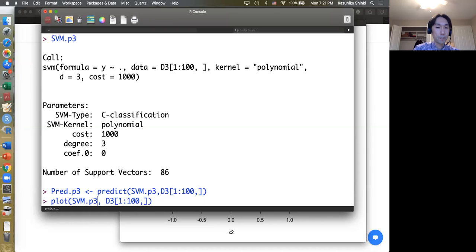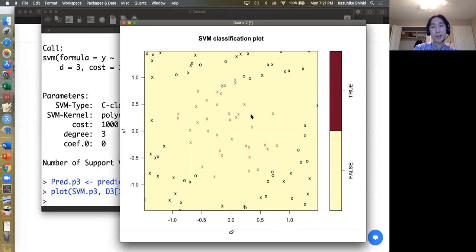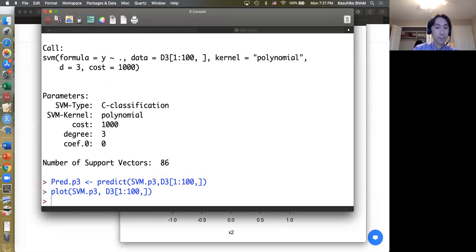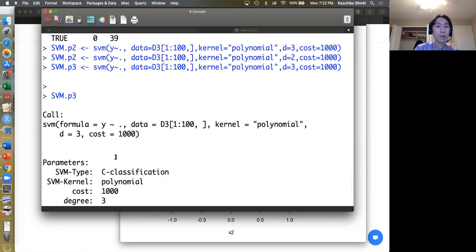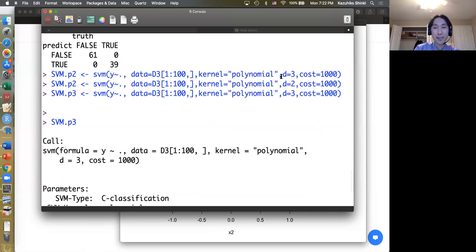SVM P3. And actually, this is the same as the linear classifier. So actually, it does not work at all. We cannot detect this area. So maybe we can skip the table. The support vector machine sometimes does not work depending on this D or cost function.